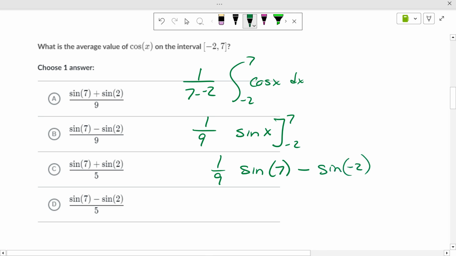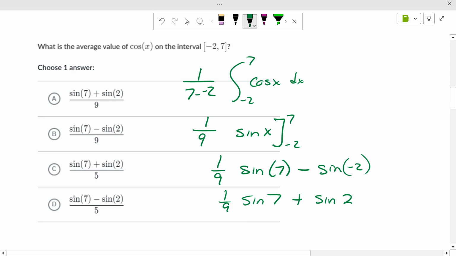Okay, now you got to remember back to trig again. Some poor people didn't take trig, and that really stinks. But sine is an odd function. The sine of a negative brings the negative out front. So it's 1/9 the sine of 7 plus the sine of 2, because the negative comes out front if it's an odd function.